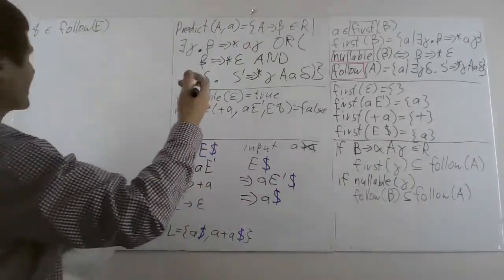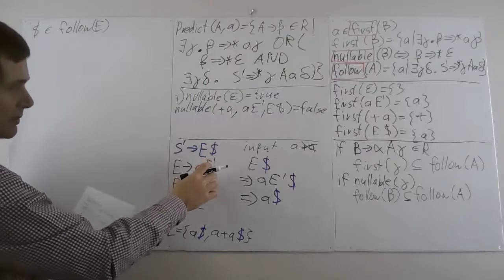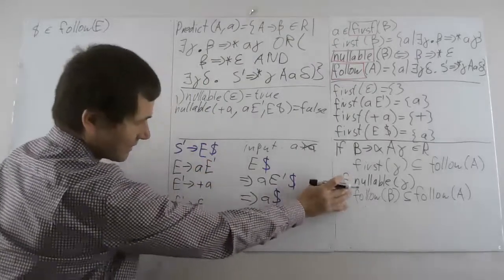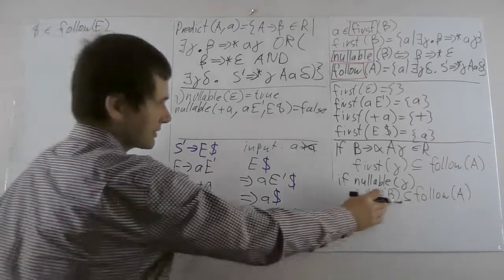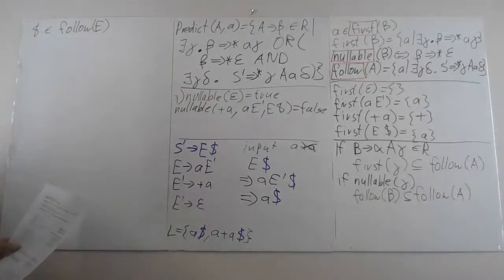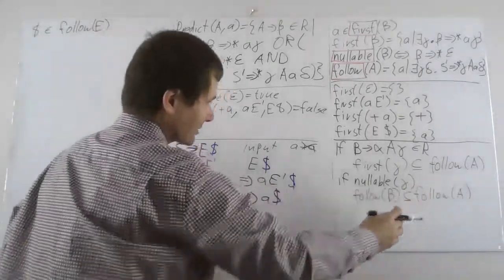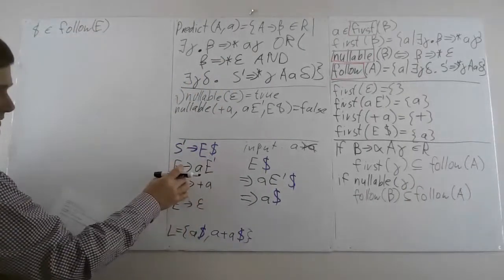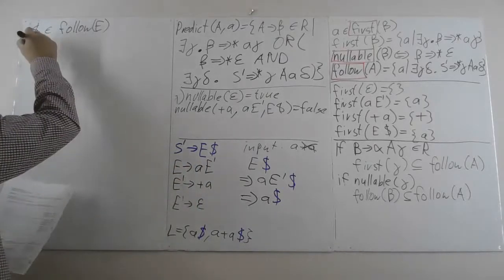So I wouldn't get any constraint out of this one, but in the nullable case, so this is a case where gamma is nullable. And so this says the follow set of B is a subset of the follow set of A. So in this case, B is E and A is E prime.